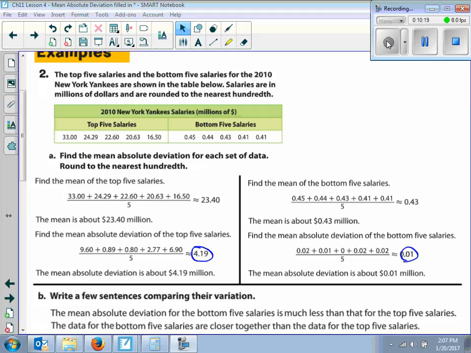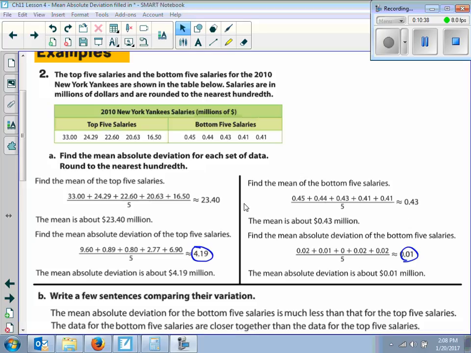So, for example 2, I'm not going to go into this in detail, but on the left-hand side, we have the top 5 salaries in millions for the New York Yankees. And on the right-hand side, we have the bottom 5 salaries.